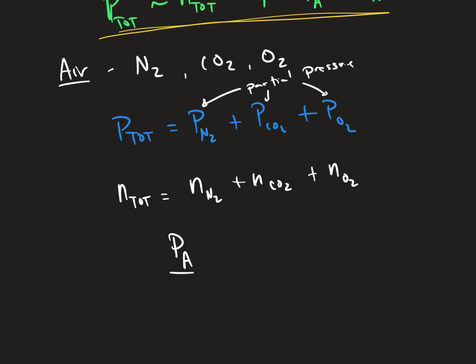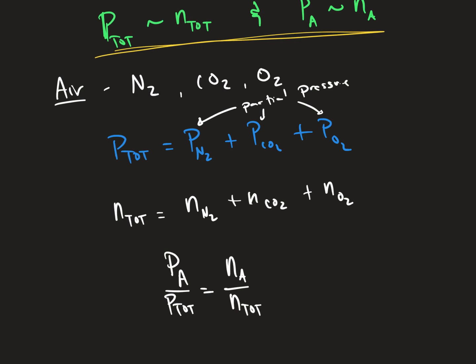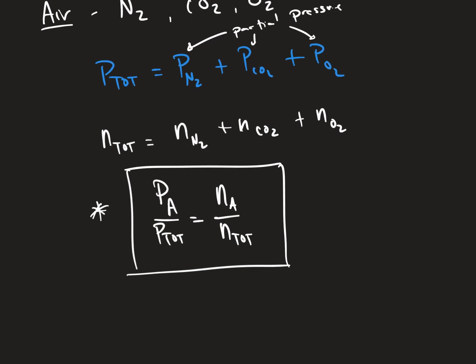The pressure of one of the gases over the total pressure is equal to the number of moles of that gas over the total number of moles. Let's know that. And that is not on your reference sheet. So let's put that on our card, okay? And then it's just a formula.